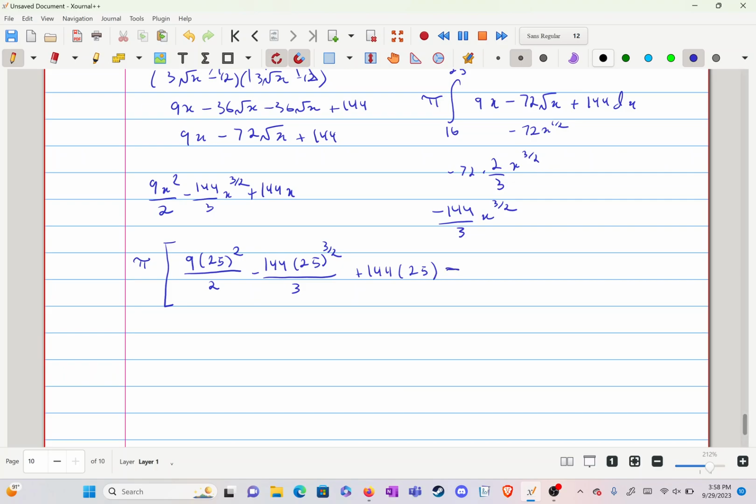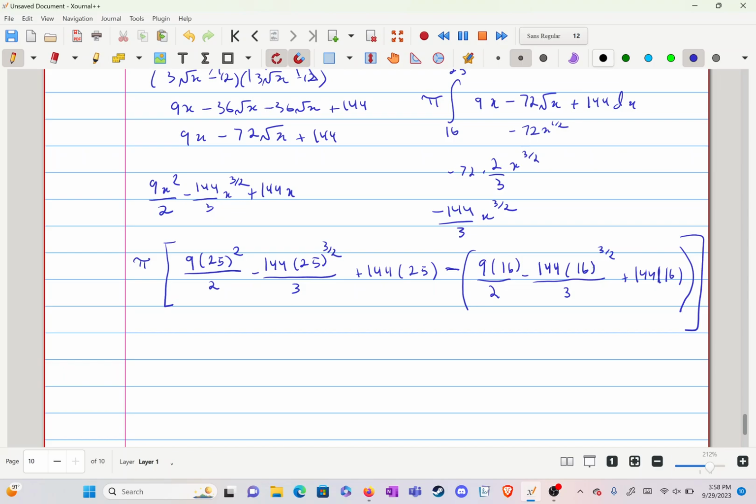I have that minus all of 9 times 16 squared over 2 minus 144 times 16 to the 3/2 over 3 plus 144 times 16, parenthesis and bracket.